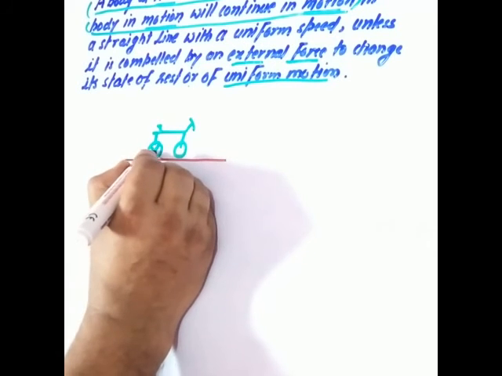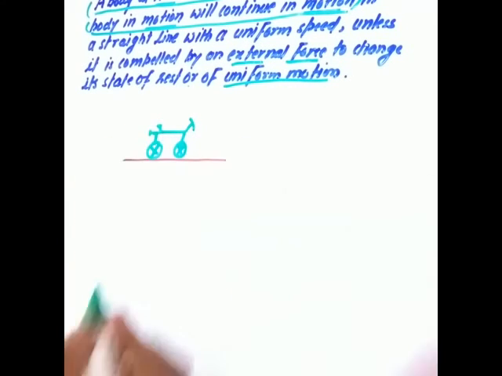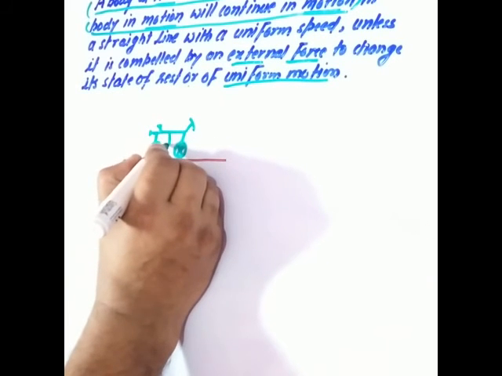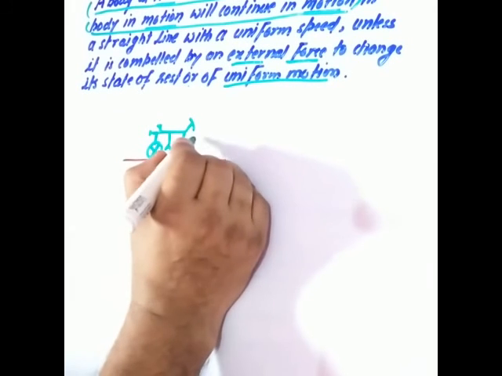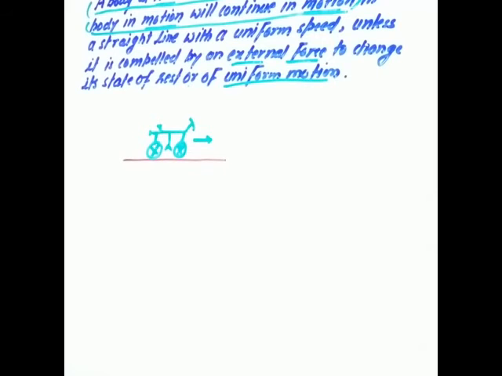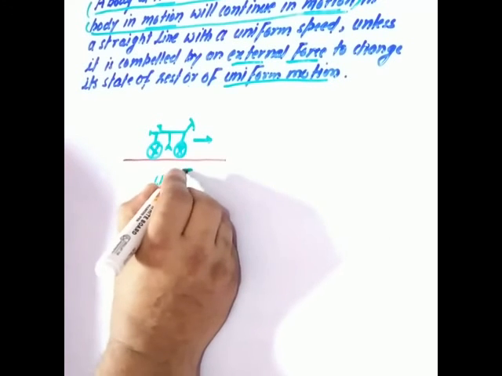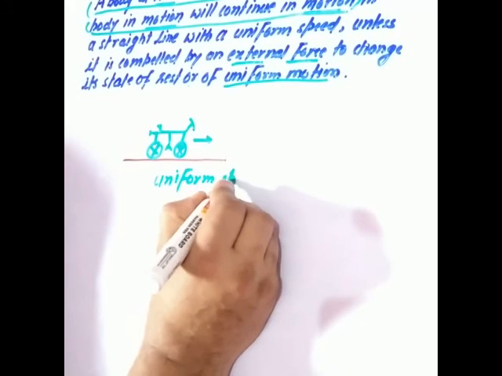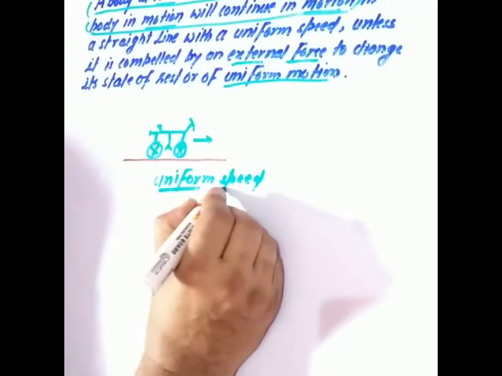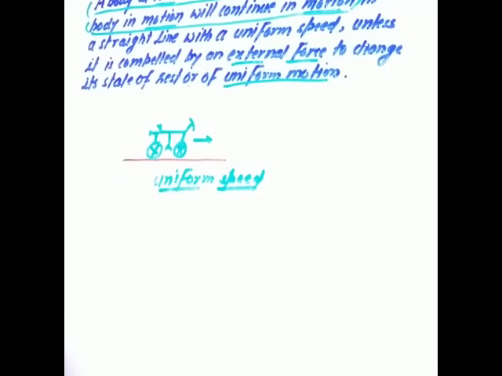If we stop pedalling a bicycle which is moving with a uniform speed, the bicycle does not move forever.